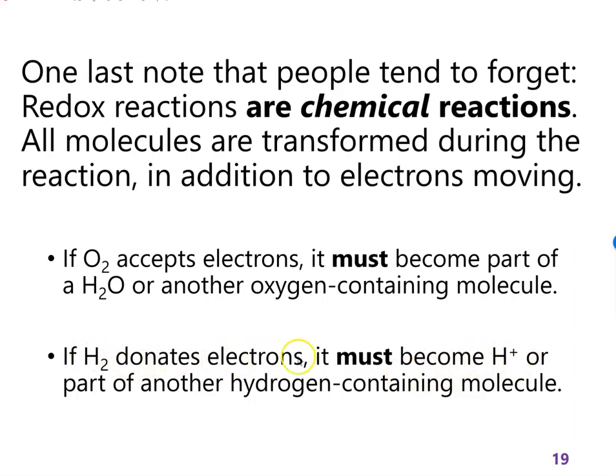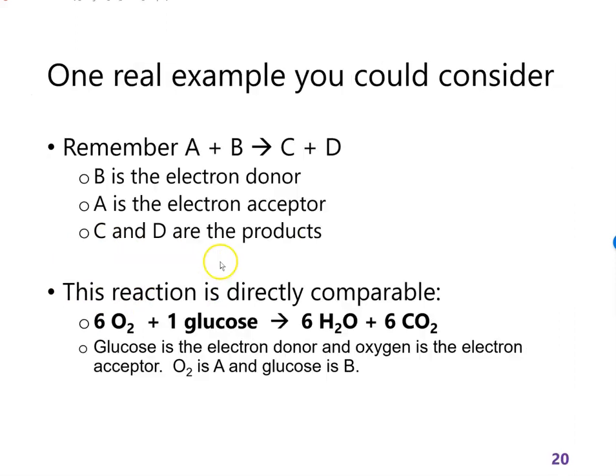So if hydrogen donates electrons, it has to become H+, or maybe part of another molecule. So you're always going to see waste products of redox reactions. Water is our big waste product of using oxygen, whereas for glucose, our waste product is carbon dioxide.